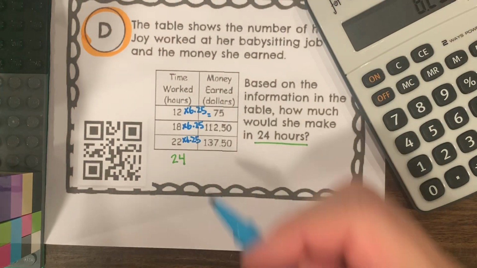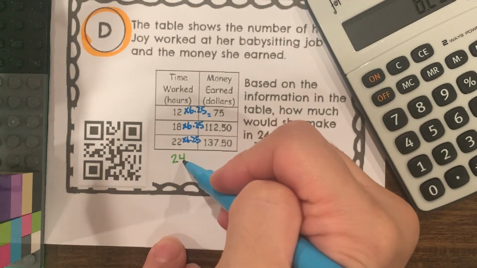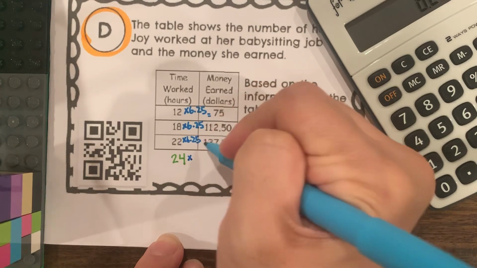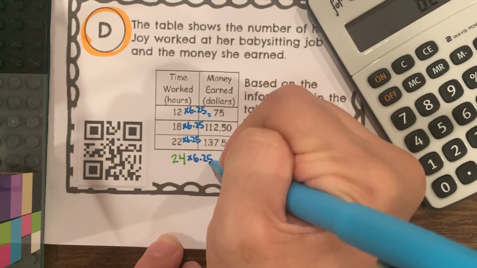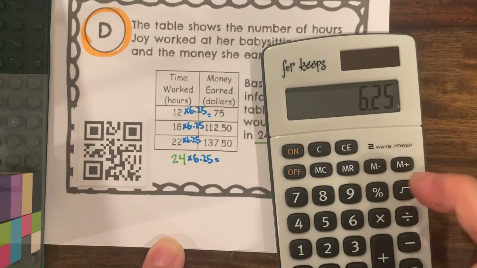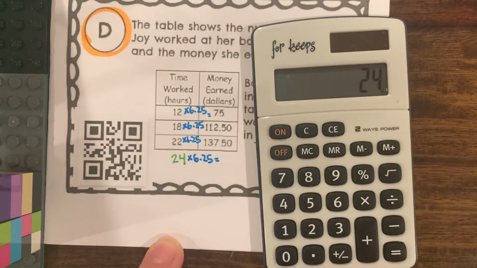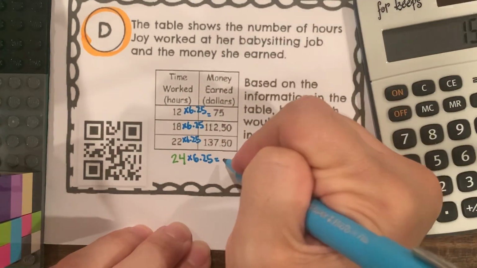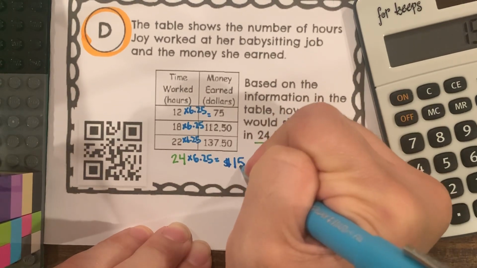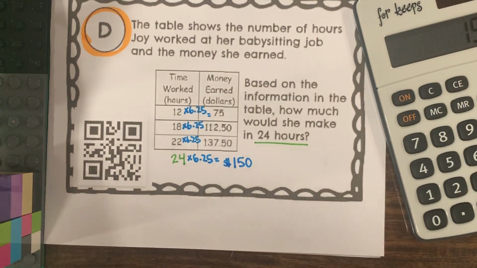Which means if I'm working for 24 hours, to find the amount of money earned, I just need to multiply by 6.25. So 24 hours times 6.25, and it shows that I'm going to make $150. Okay.